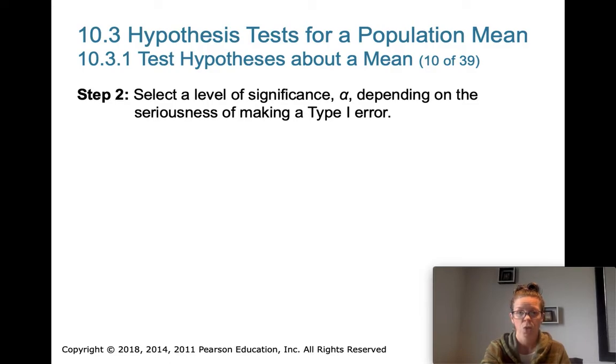The type 1 error is rejecting the null hypothesis when you really shouldn't have rejected it. So you've got to decide how serious of a problem that would be, and then choose your confidence based on that. If it's a really big deal, you'd want to go more like 0.01. If it's not that big of a deal if you make a mistake, then you could say maybe 0.1.